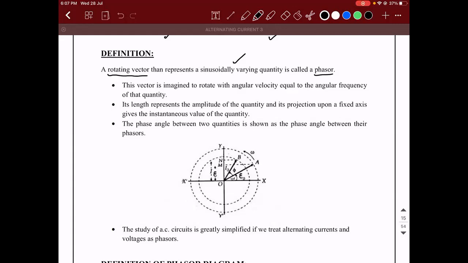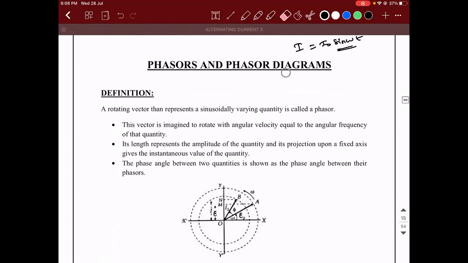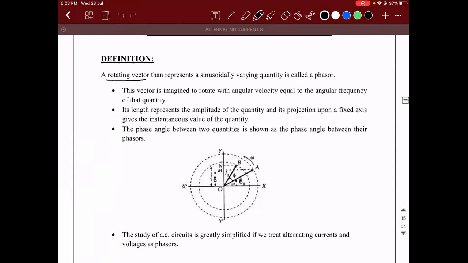If these two functions can be represented with the help of a vector which is rotating, then those kinds of vectors are called phasors. Please write down the definition: a rotating vector that represents a sinusoidally varying quantity is called a phasor.